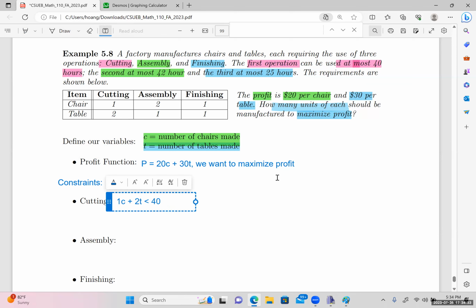We say assembly can be used at most 40 hours.